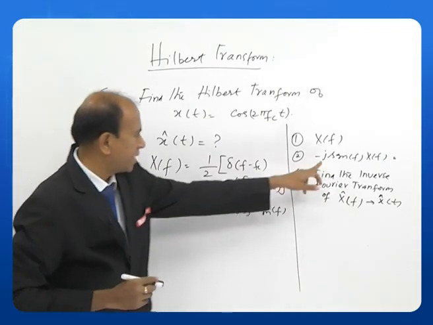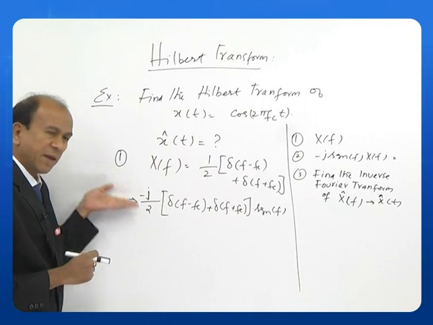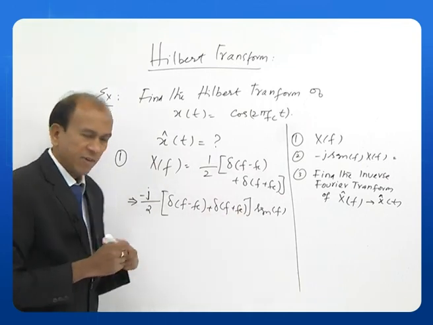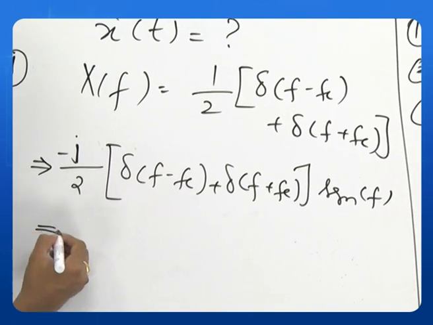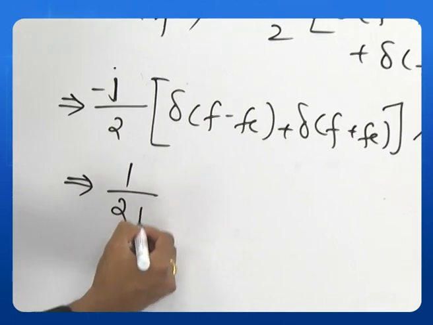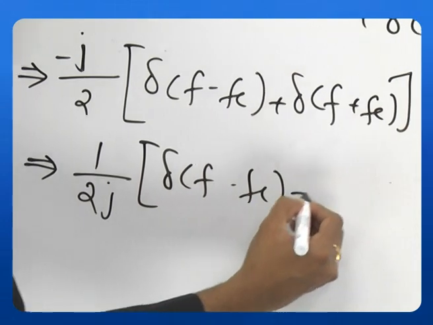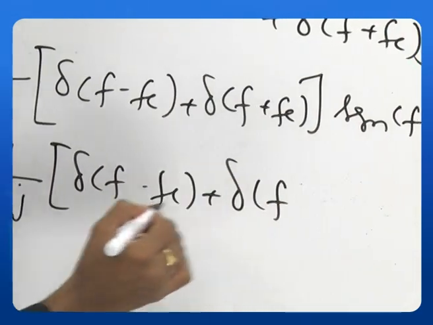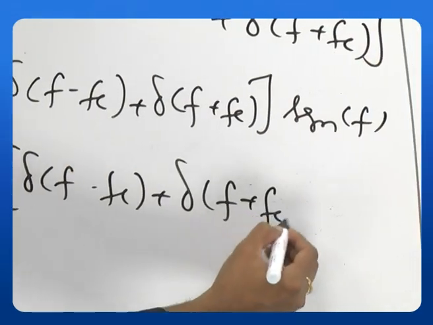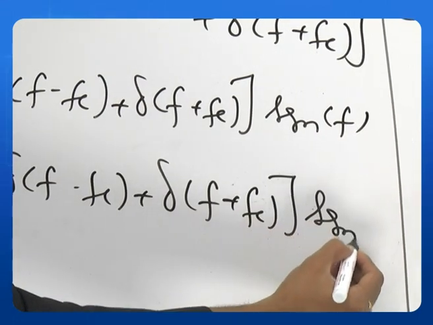Same thing, minus j signum of f, half is already there. Now, this I can write as 1 by 2j, delta of f minus fc plus delta f plus fc, times signum of f.